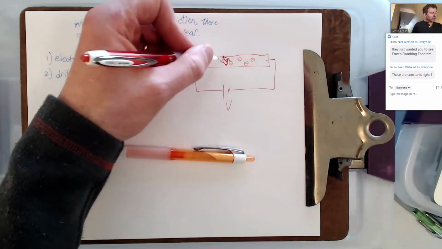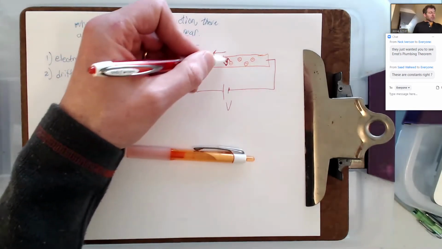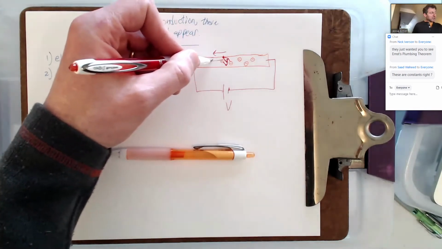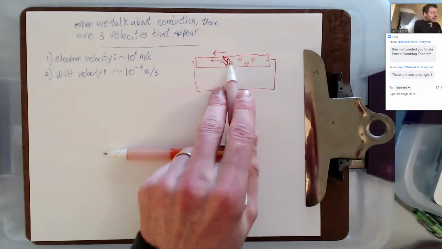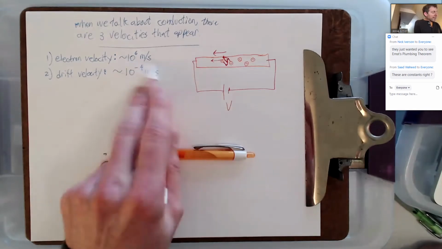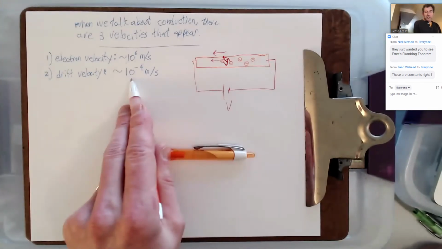So the electrons will gradually drift this way, right? So this thing is zigzagging around, but it is generally heading this way. And the speed that it is generally heading is this. So it's racing around back and forth extremely fast, but it's making very slow overall progress.